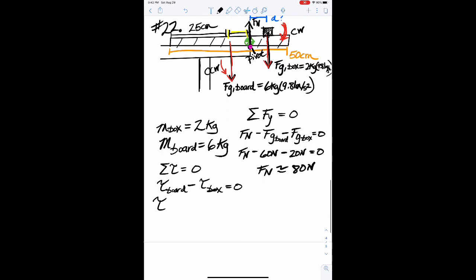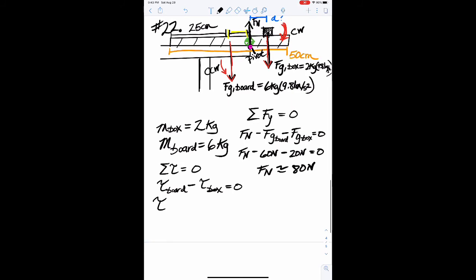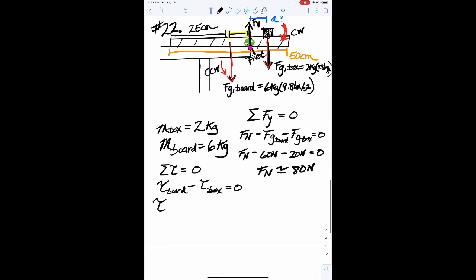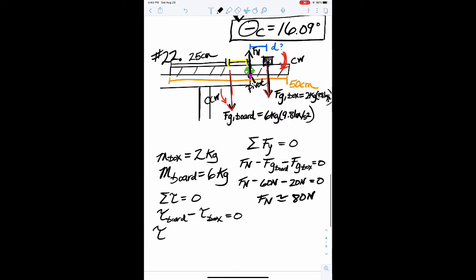And I think the problem tells us something about that. They tell us the distance to the edge of the board, right?